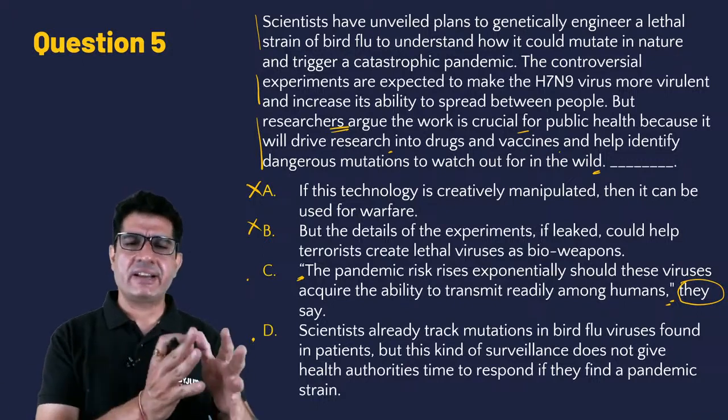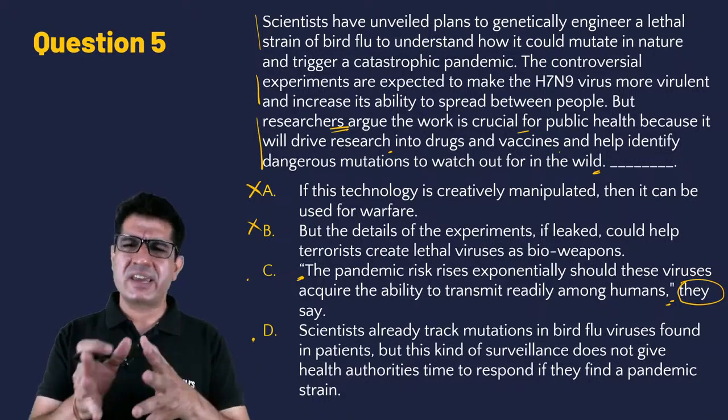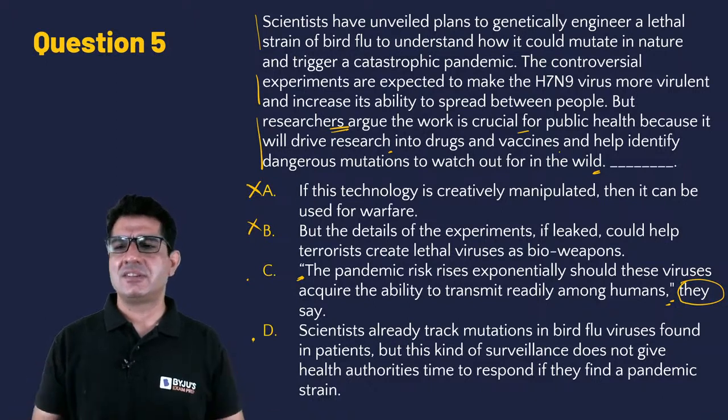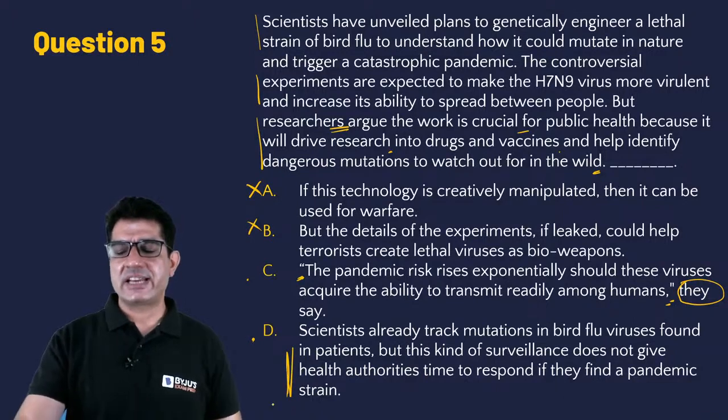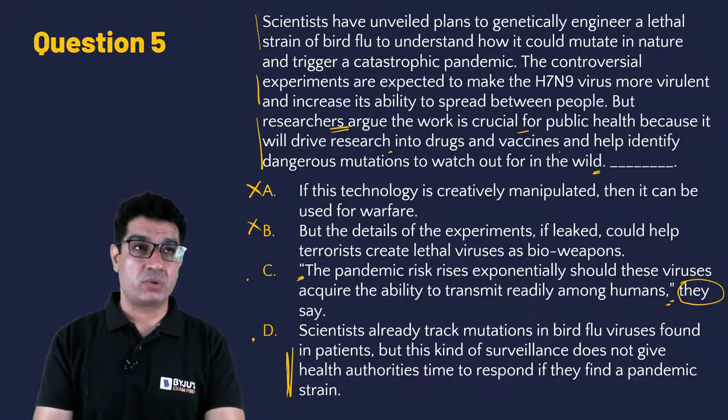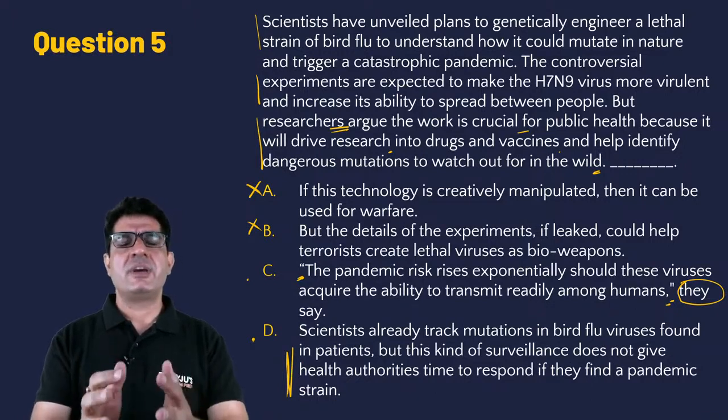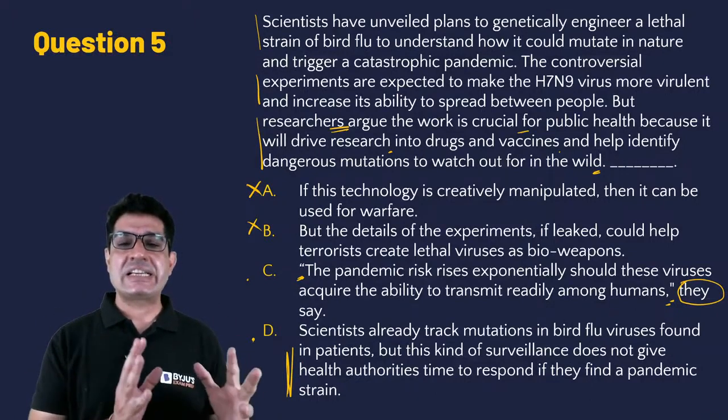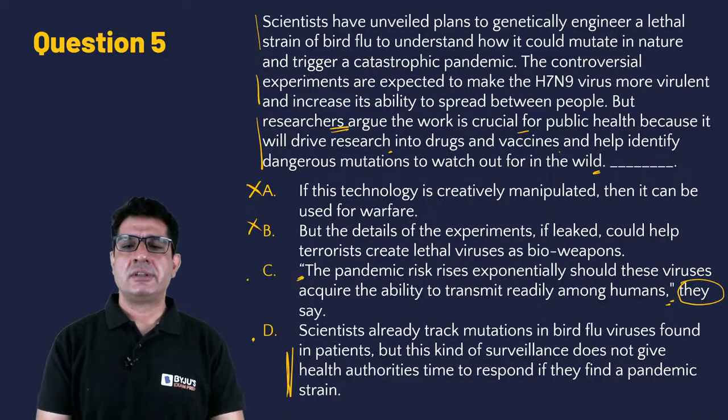So what is said before the blank is again captured in the quote, whereas D talks about a factor that suggests that, oh, we are not going to be going by the current model, we are not going to be prepared for taking care of a pandemic strain.